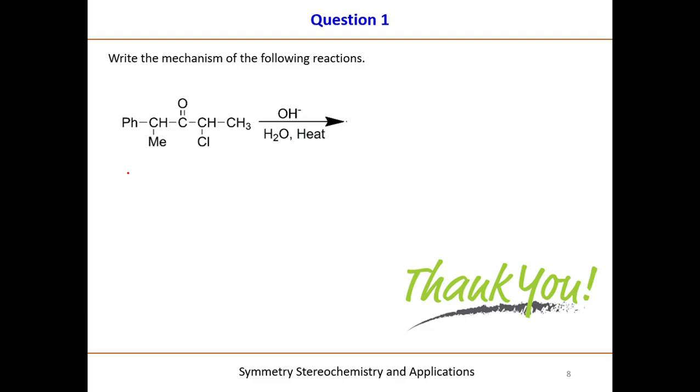In the Favorskii rearrangement reaction, the reaction of an alpha haloketone with a base produces a rearranged acid or ester, which is called a Favorskii rearrangement reaction. So I will write the mechanism here.